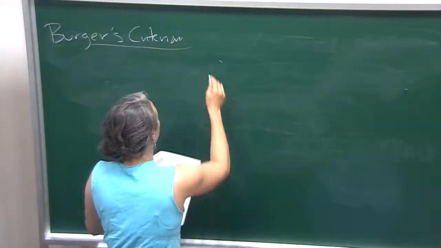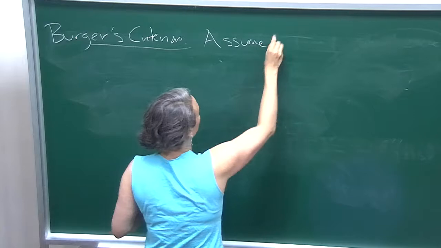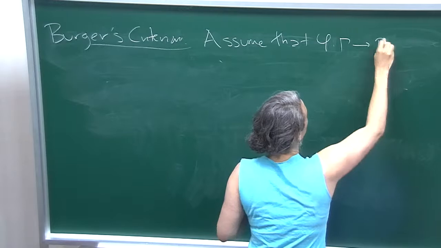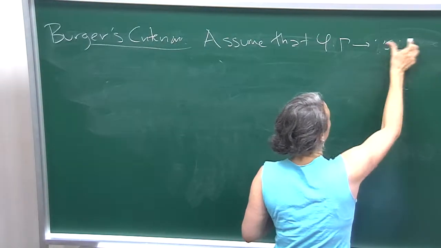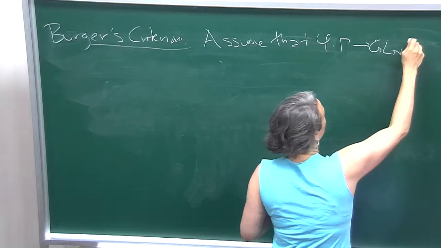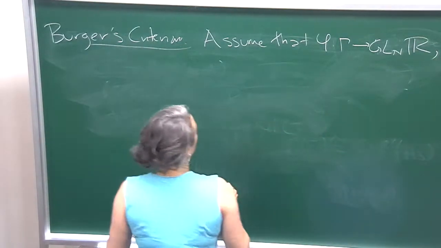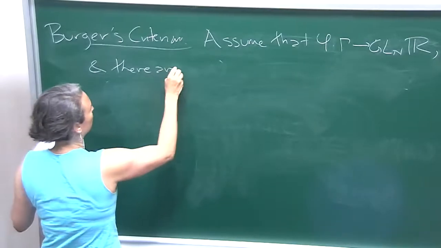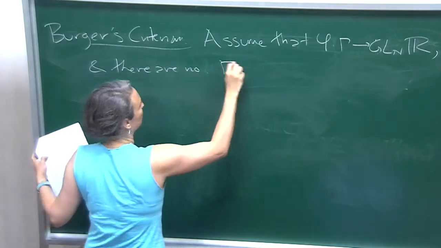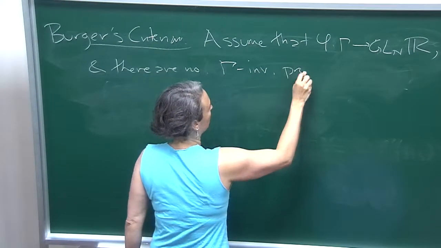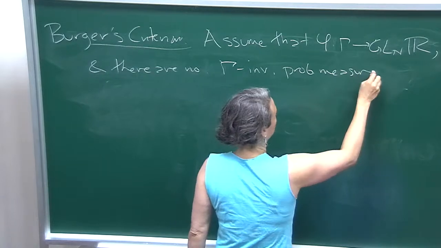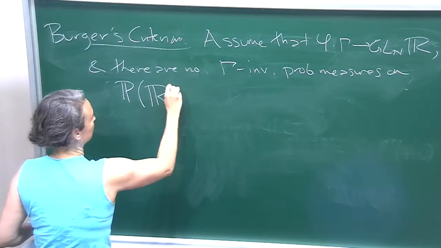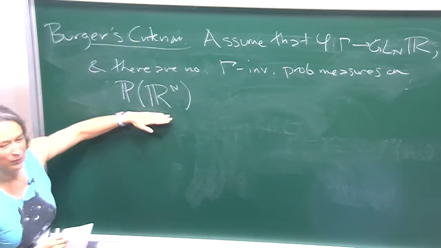Okay, so assume that phi from gamma to GLnR is a homomorphism, and there are no gamma-invariant probability measures on P of Rn. This is a lie, so keep track of my lie here.